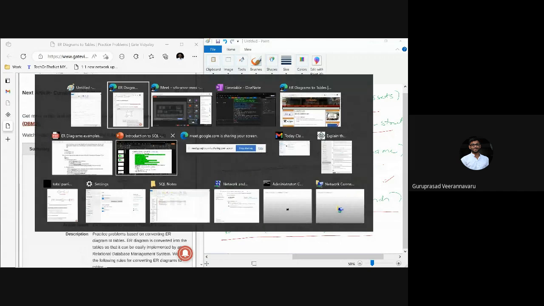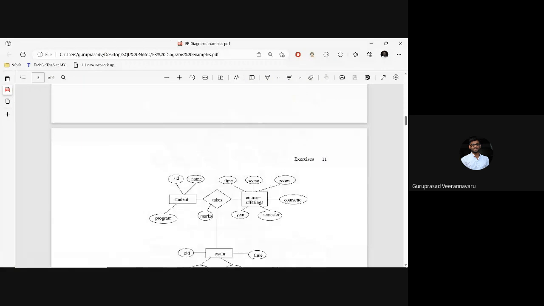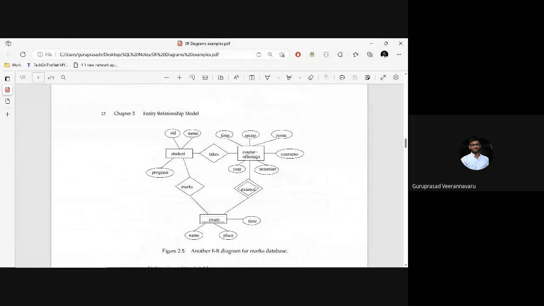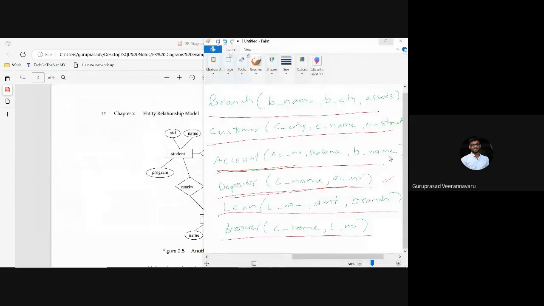Cool. Let's see if I have some more examples and we can do that. Or do we want to take examples and start from basics and design some more? So let us say we want to design for a, what is the most common example you can think of if I want to design an ER diagram?